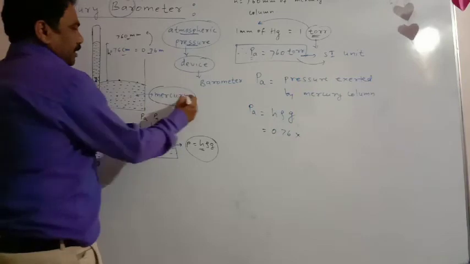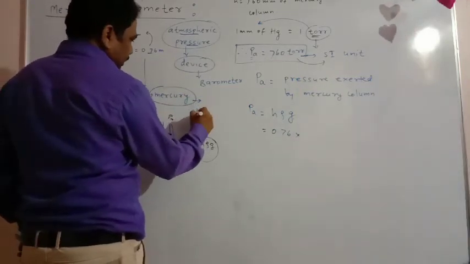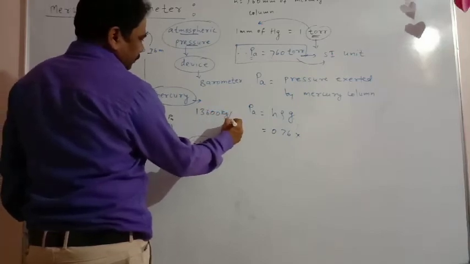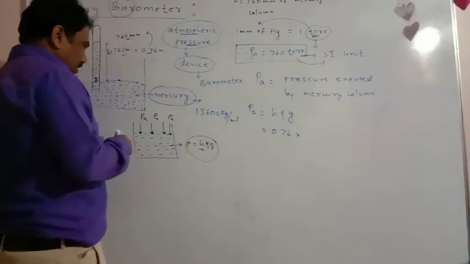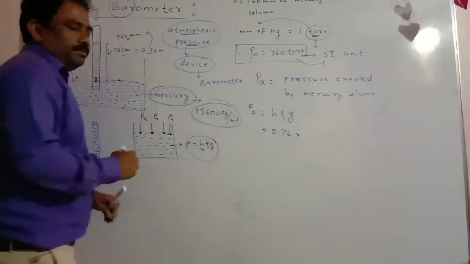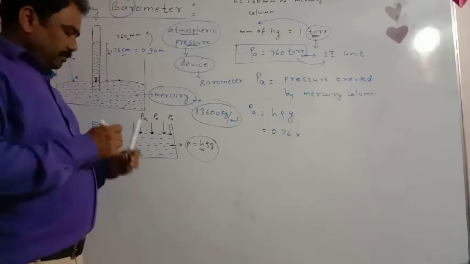This mercury has a density, and that density is 13600 kg per meter cube. So this is the density of mercury, 13600 kg per meter cube.